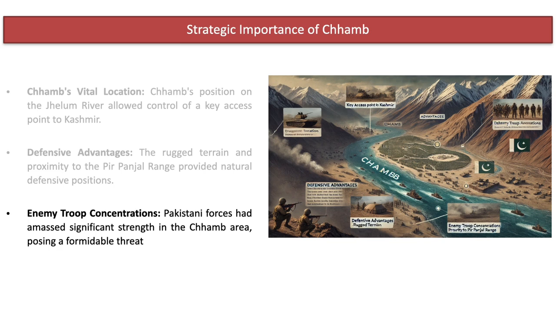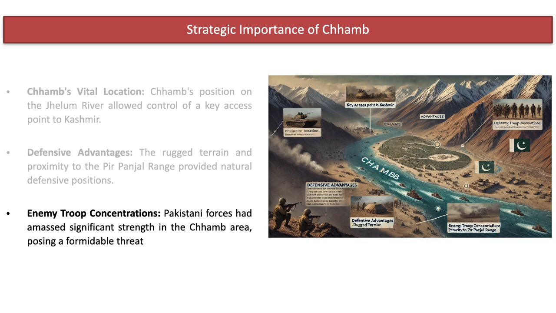Pakistani forces had amassed significant strength in the Cham area, turning it into a formidable stronghold and posing a serious threat to the Indian defenses. Picture this: Cham was not just another front in the conflict, it was a critical battleground. The Pakistani forces understood the strategic value of the Cham, much like the Indian forces did.